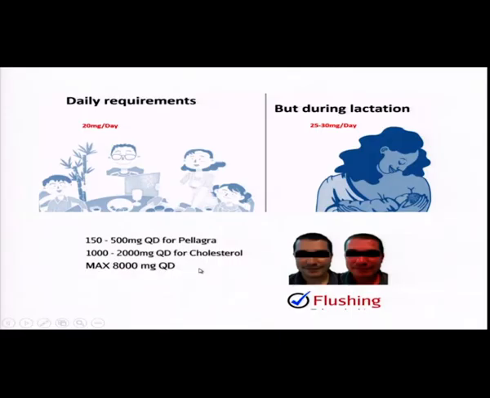But some of the water soluble vitamins, let us say niacin, need to be kept under check. So, you have a ceiling dose of 8000 milligrams per day, and we have to always tailor the dosage being given up to this limit of 8000 milligrams per day.